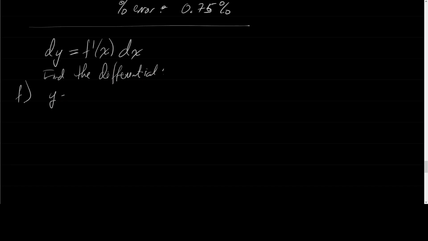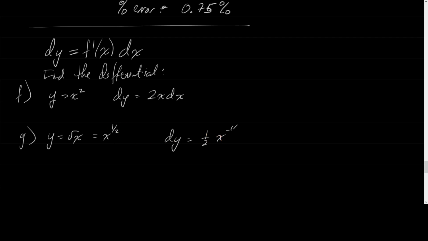and I had y equals x squared, then dy would just be 2x dx, the derivative times dx. If I said y equals the square root of x, which is the same thing as saying x to the 1/2, then our differential would be 1/2 x to the negative 1/2 dx.